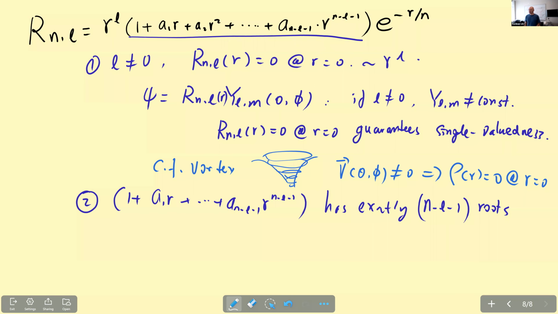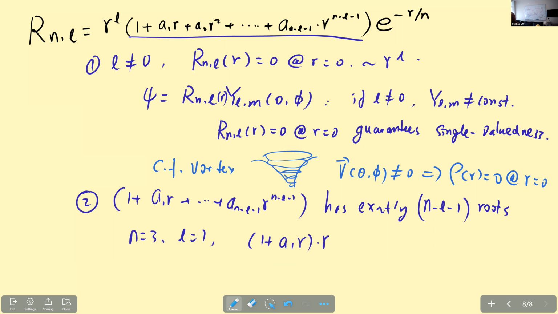So that means if you have, for example, n equal to 3, L equal to 1, then this one will become just 1 plus a1 times r.